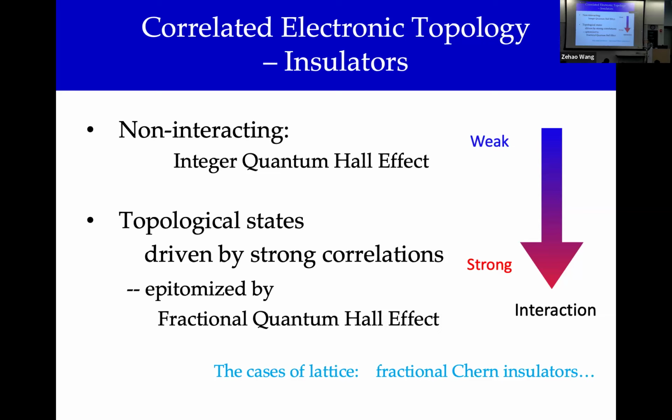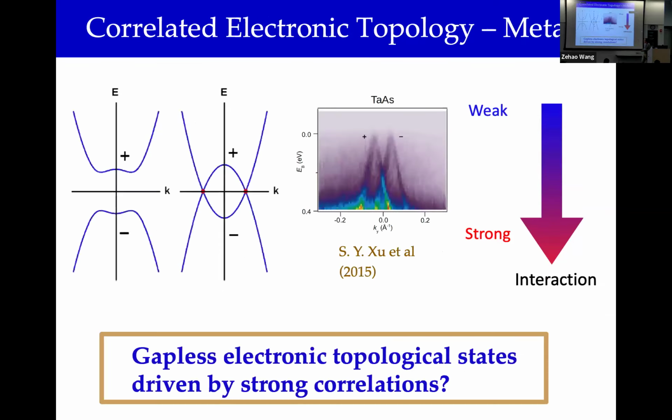For instance, the latest version of this, for fractional Chern insulators and related states, is very much an ongoing topic of research. In these two lectures, I'm going to cover the gapless case.